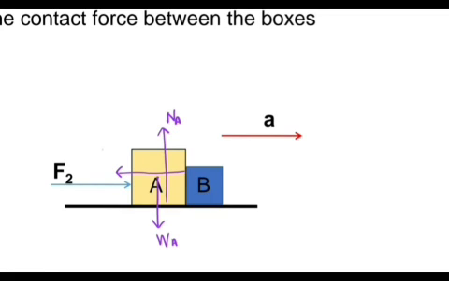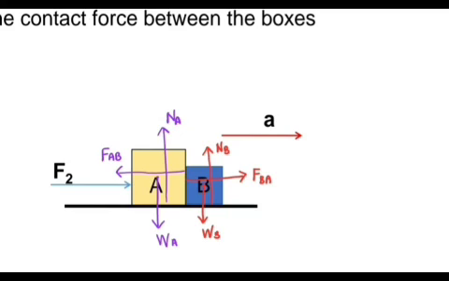Let's call it as FAB. For box B, it has weight, normal force, and also it has contact force perpendicular to the surface of box A. Let's call it as FBA.